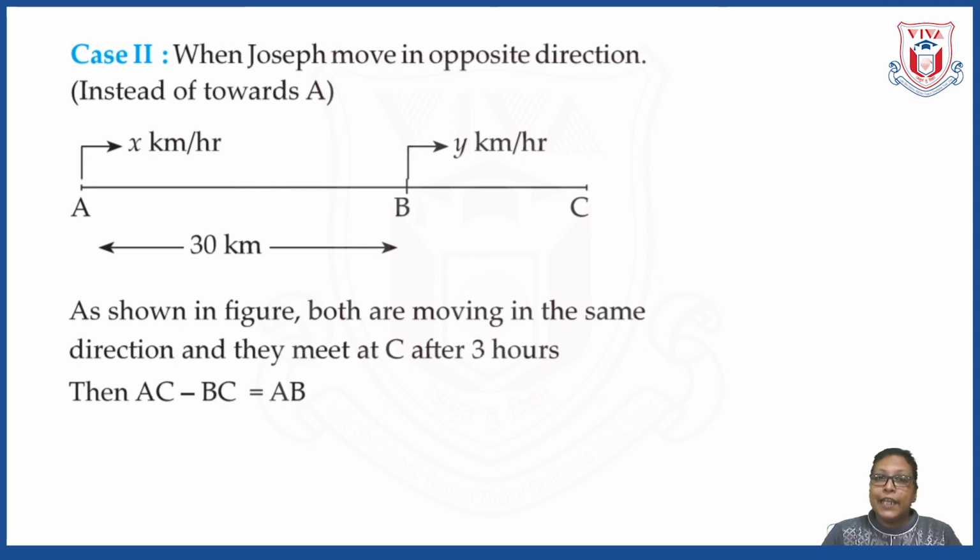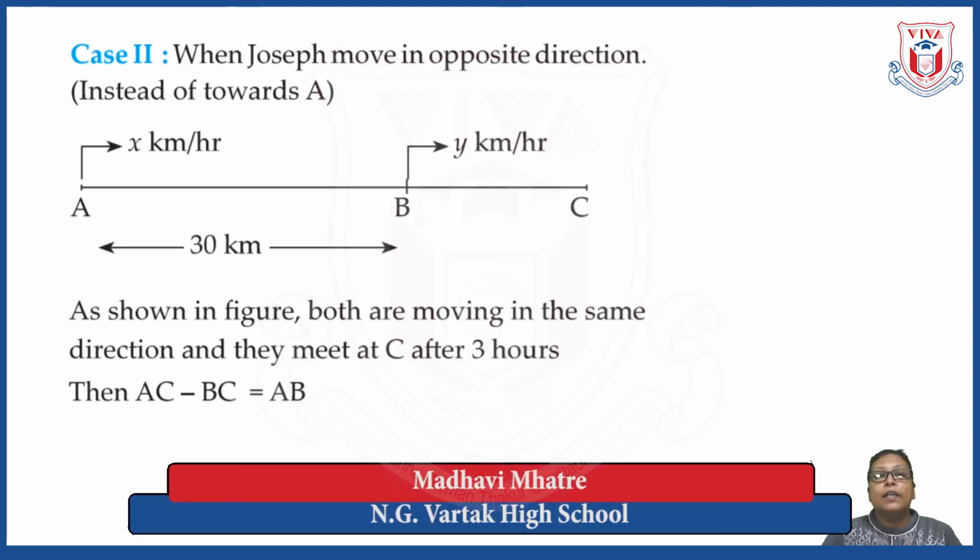In this case, clearly you can see from the diagram that AC minus BC is equal to AB. In the first case we did addition, but here we have to go for subtraction. So AC minus BC. Here also we know the speed, we know the time. So the distance covered by Hamid is 3x and distance covered by Joseph is 3y, and their difference is 30.